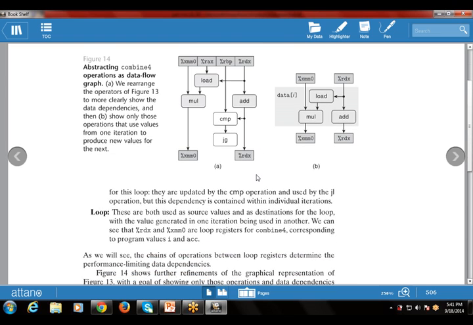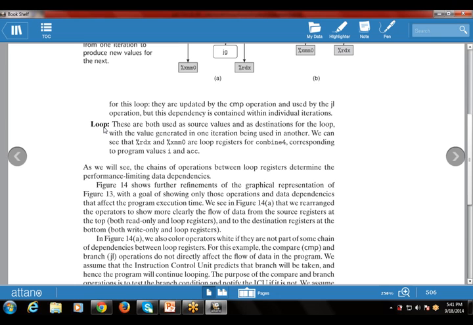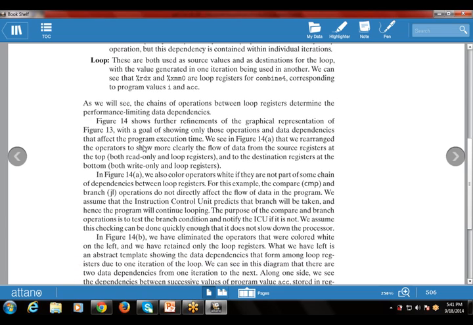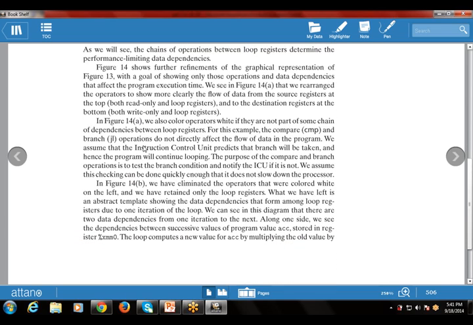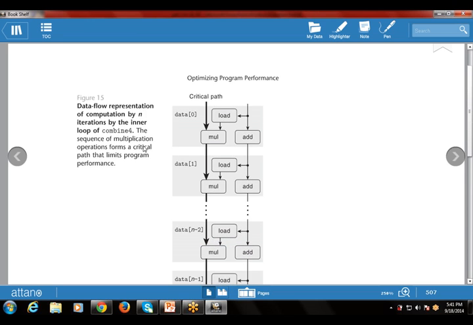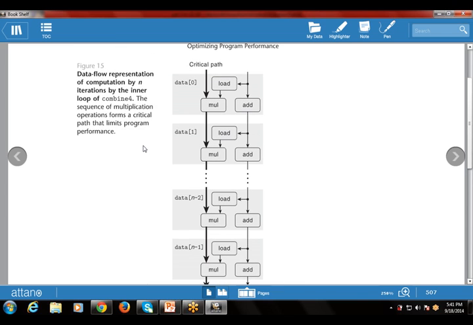This is the diagram for showing the representation of data flow. Then there is a loop that is using iteration. This is the diagram showing the computation by the n iterations of the inner loop.